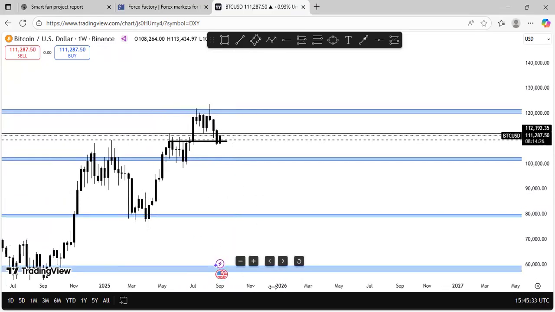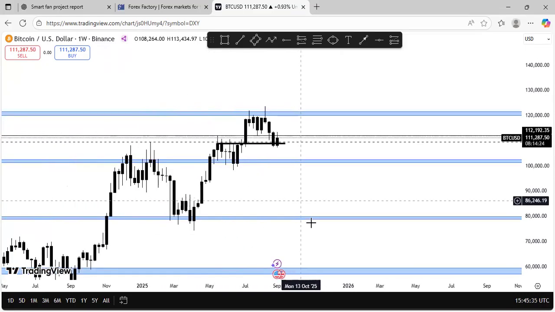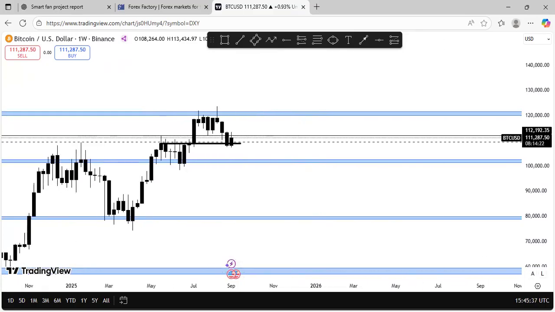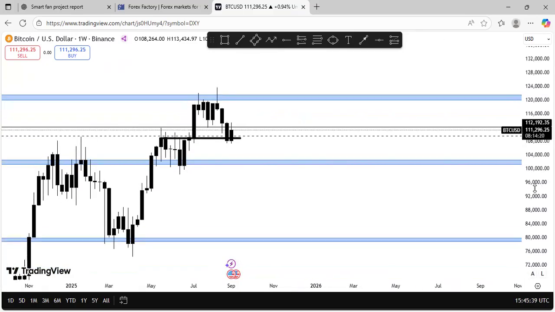But then we could spot something here on the weekly time frame on BTC. We see price trying to form new highs but failing to. Price comes here, gets breached, pushes down, comes here.